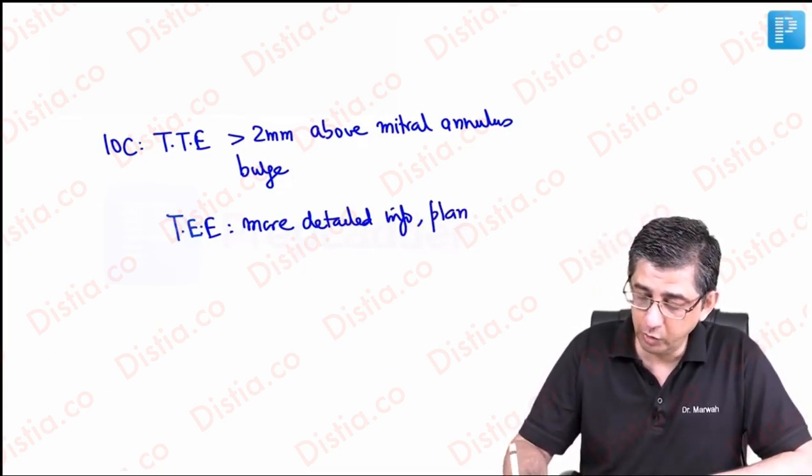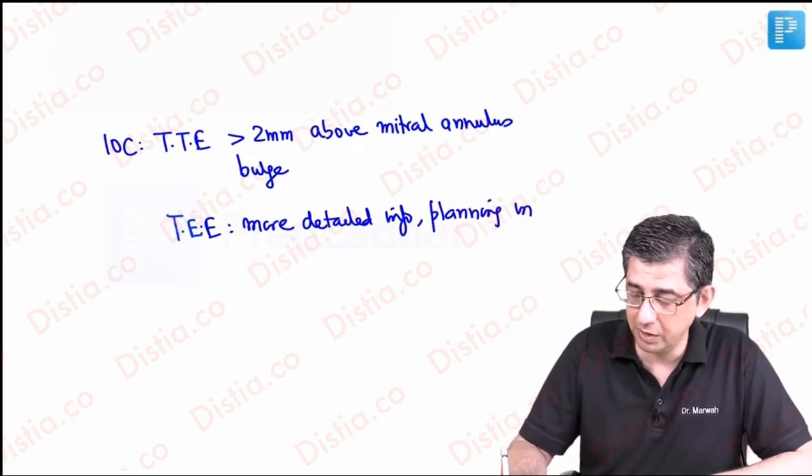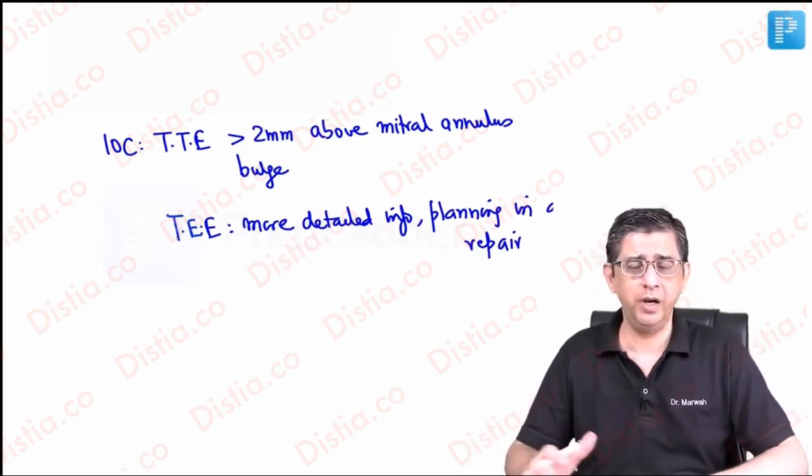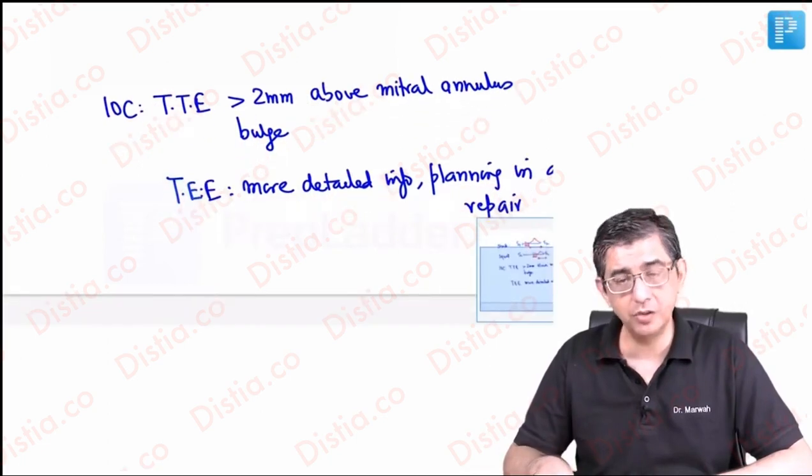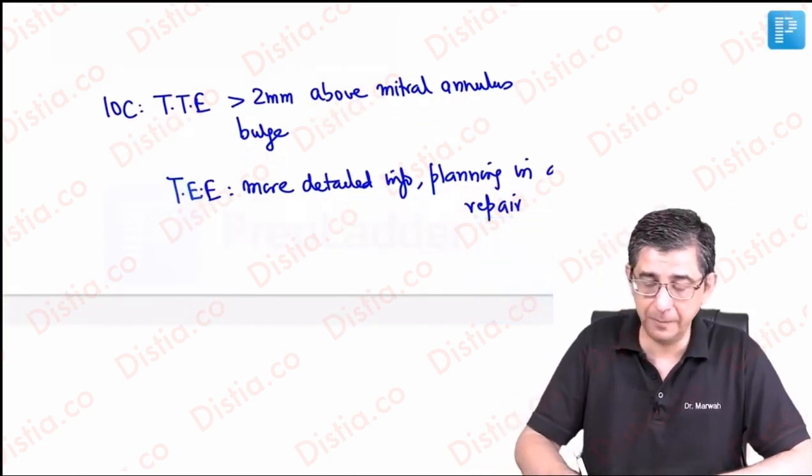This is valid when you are planning a repair in a symptomatic patient. In case the symptoms are minimal, or the patient is asymptomatic and it was detected on an annual medical checkup, then absolutely no issues, and a transthoracic echocardiography will be more than sufficient.